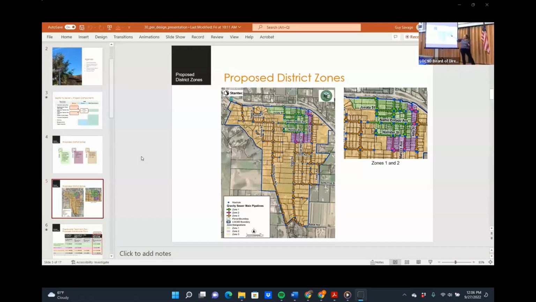Green is all the infrastructure associated to collect the wastewater within the commercial zone. The fuchsia is the remaining lots outside of that. And then the bulk of the area is the remaining residential throughout the rest of the district zones. So that's zone 3.